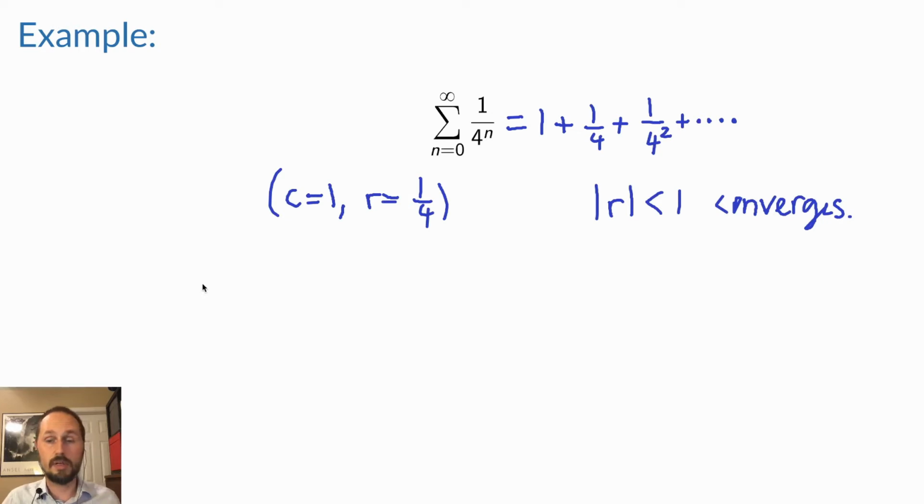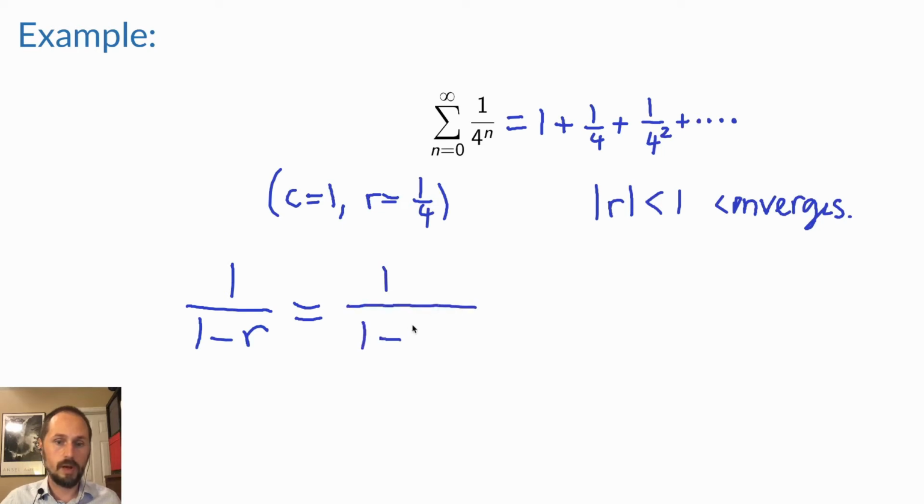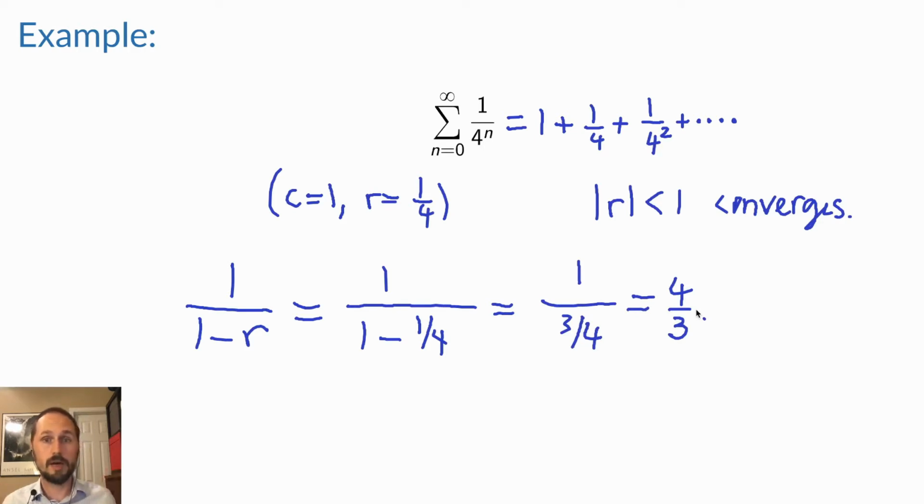And then what we see is that the series is going to be equal to, right, 1 over 1 minus r. That's the formula we have using c equals 1. So there we get 1 over 1 minus 1 quarter. So that's 1 over 3 quarters. So that gives us 4 thirds. And boom, that's how we figured out the value of this geometric series.